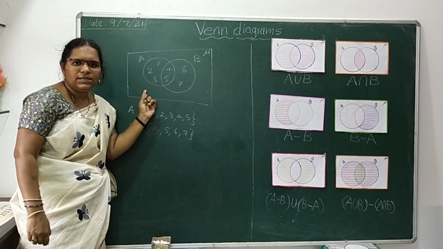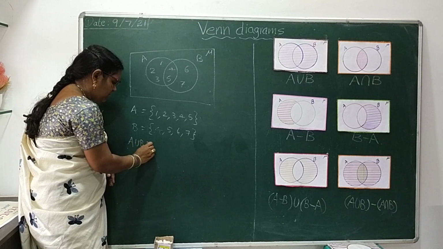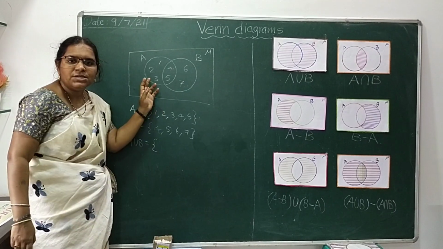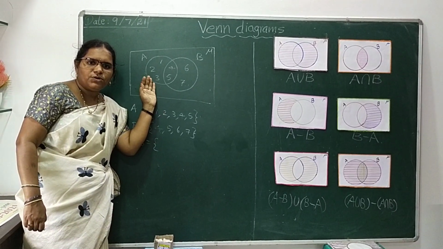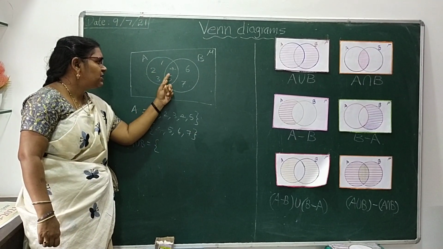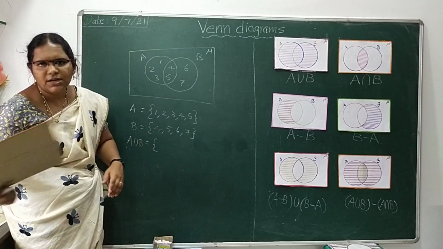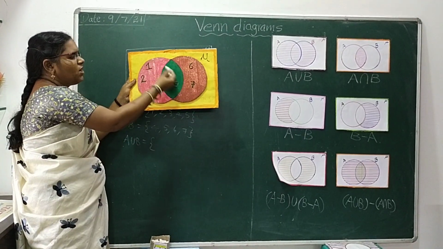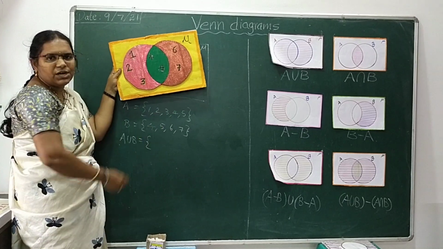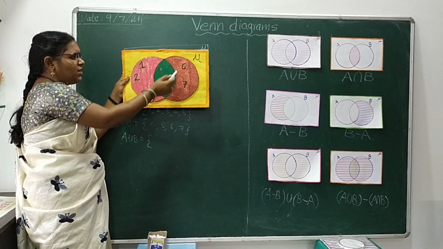Now, let us see the other sums. First one, A union B. A union B means from the Venn diagram which portions do we write? All three parts: first part, second part, third part. Then we write all the elements in the three parts to get A union B: 1, 2, 3, 4, 5, 6, 7.